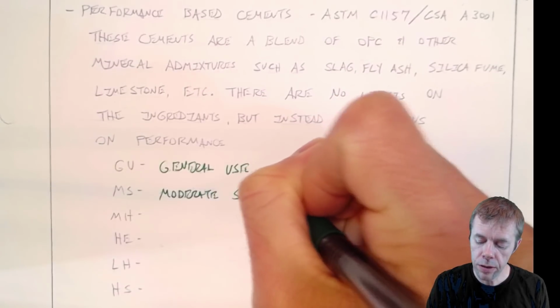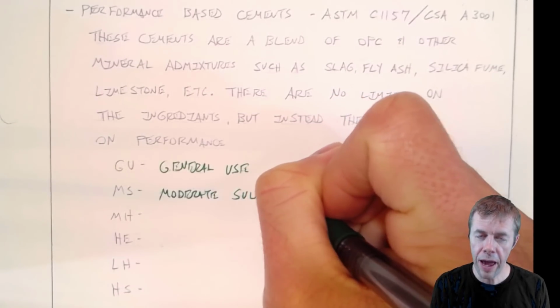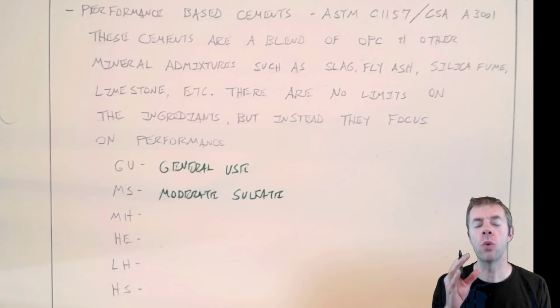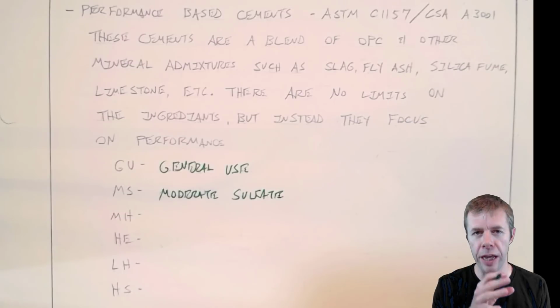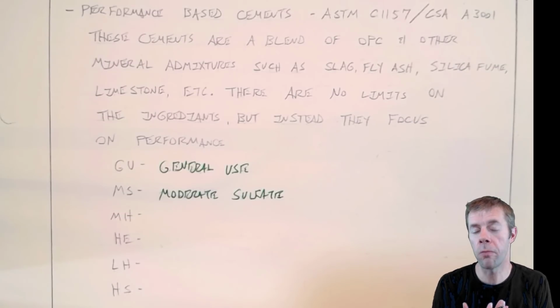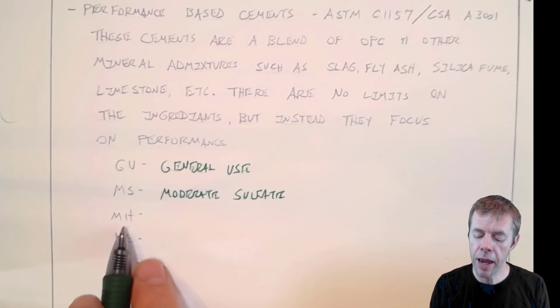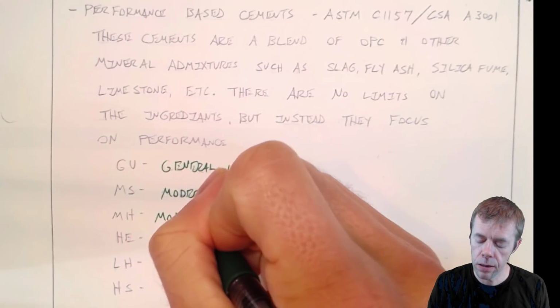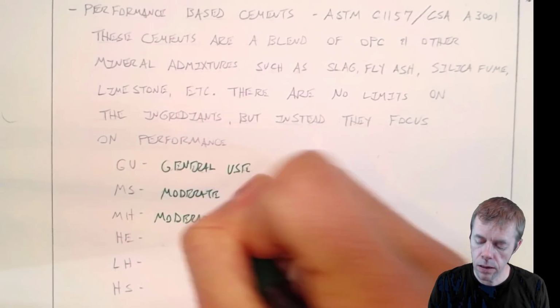Now in the last one, we told them that they had to have a C3A content less than what? 8%. We don't do that here. This is performance based. So it's going to perform on a certain standardized test a certain way. And that's all they need to tell you about. That's how it works.